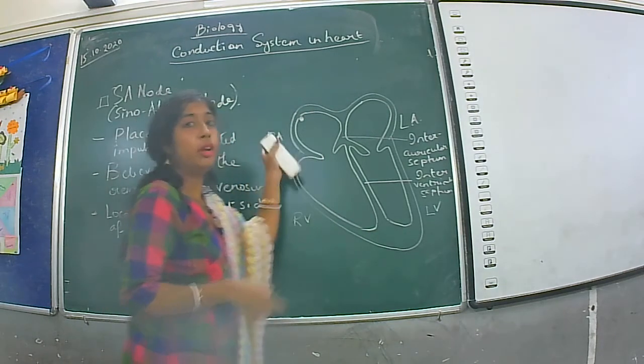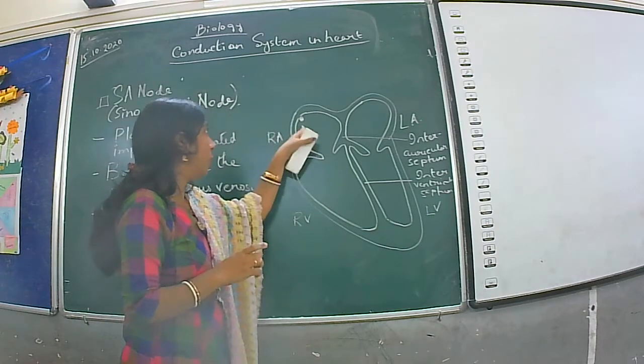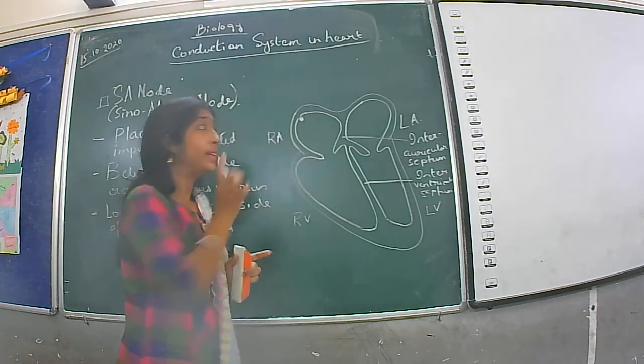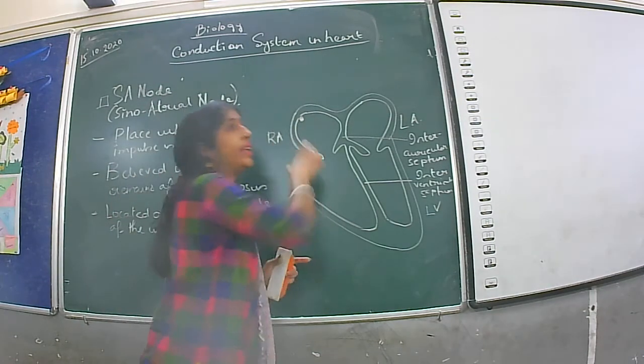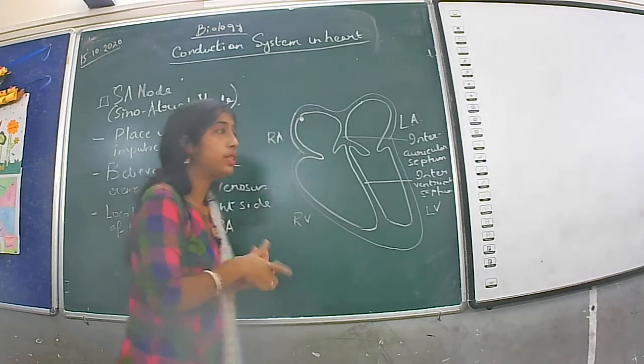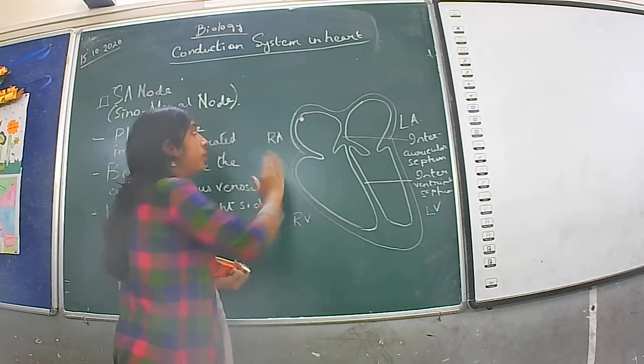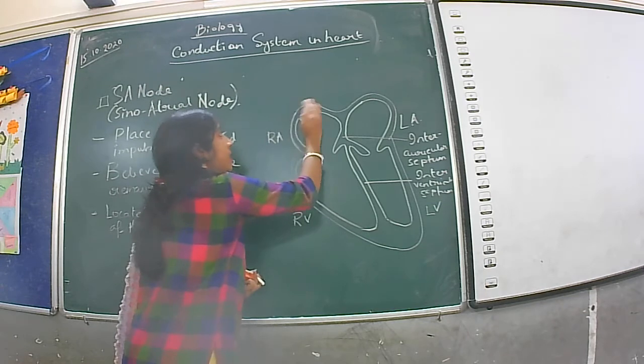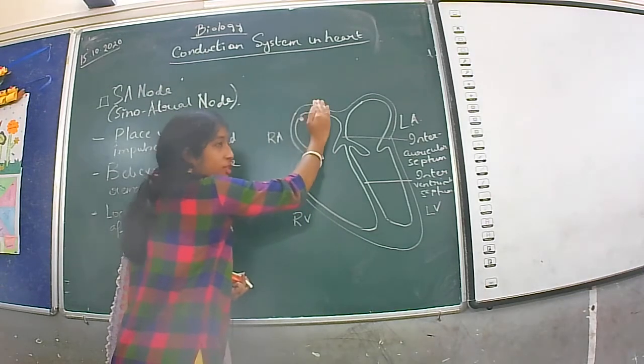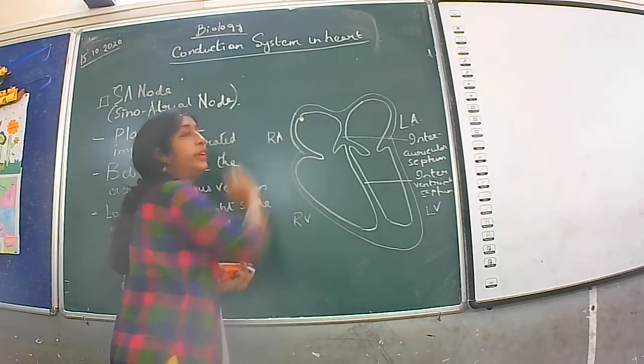I am writing this as the location of the sinoatrial node, but it doesn't signify that it is present inside the heart. I am just showing you for understanding it. If it is a 3D structure, it is somewhere here.